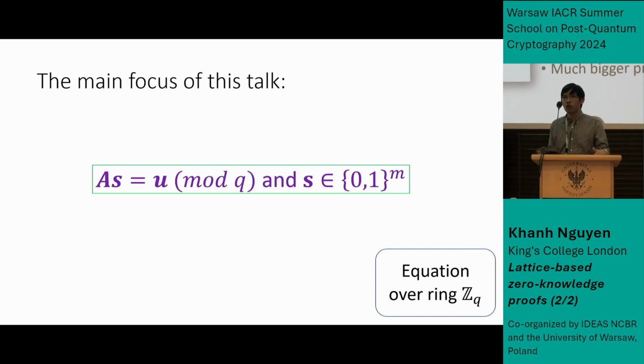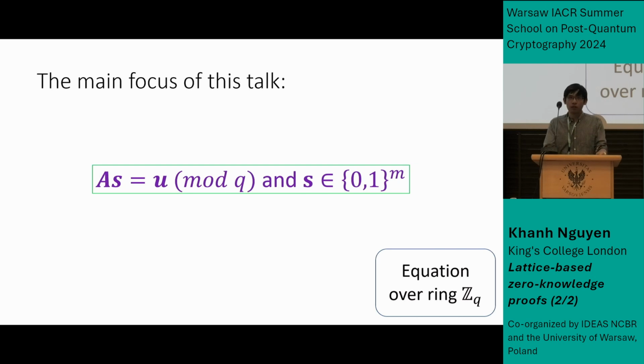And this will be based on the work that I was part of in 2022. Okay, so just to make it more concrete, I will focus on the linear equation, so AS is equal to U. And for simplicity, let's just say I want to prove that it's binary, okay, 0, 1. Okay, and if we want ternary, we can just binary decompose and so on.